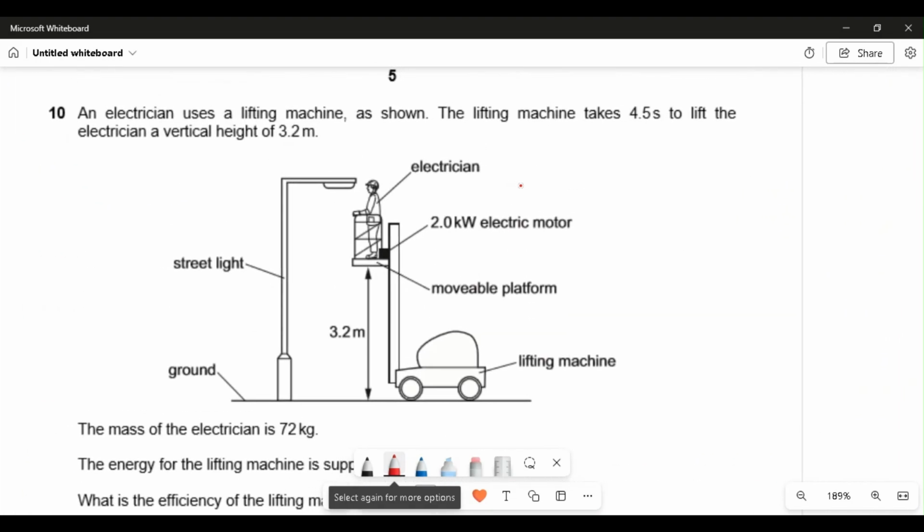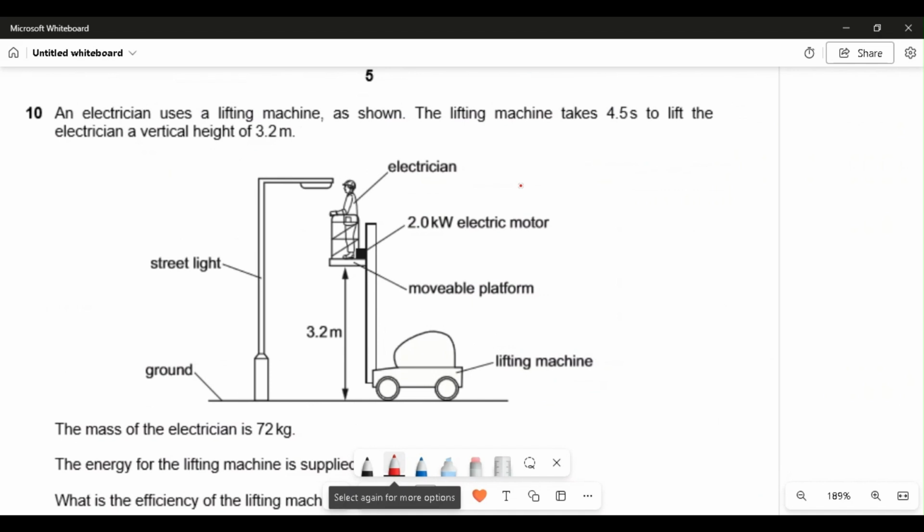Question number 10, an electrician uses a lifting machine as shown. The lifting machine takes 4.5 second to lift a vertical height of 3.2 meter.